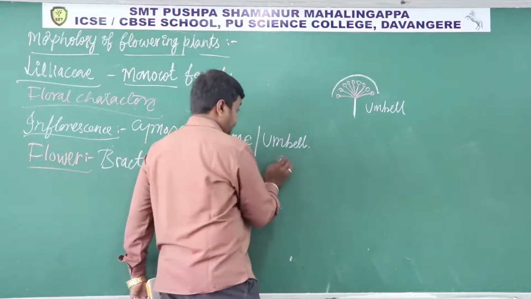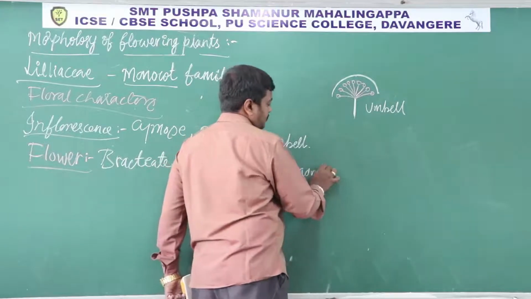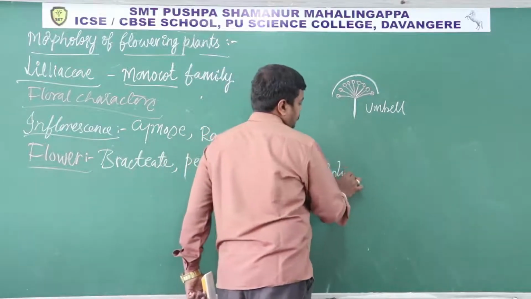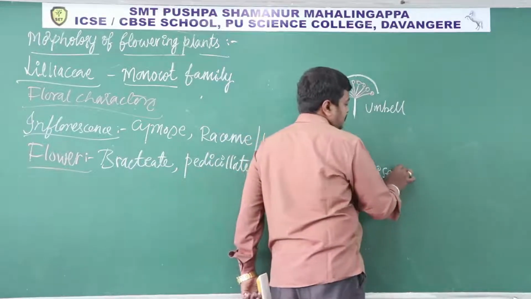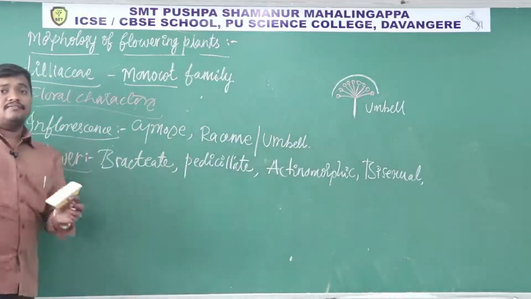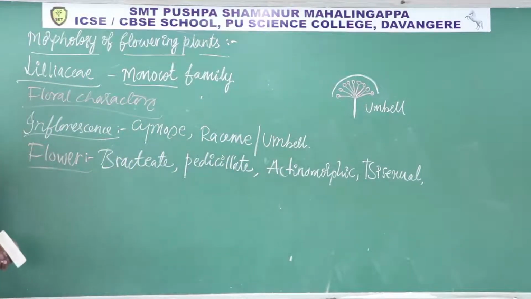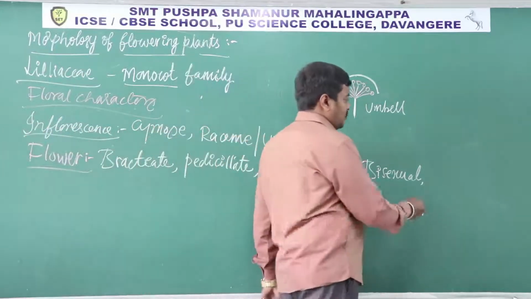Bisexual, actinomorphic. So they are actinomorphic, so we can cut the flower into equal halves in any plane. Both androecium and gynoecium are present in the same flower, so it is a bisexual flower.